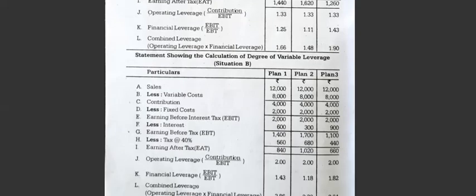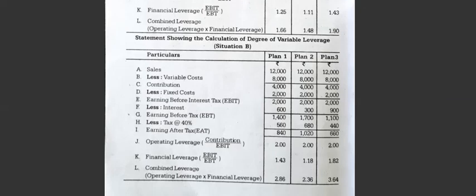Okay, situation B, rest everything will be same, even the interest is same. You can copy whatever you have written for the first statement, but only the fixed cost will change. Say sales is same, 8,000, variable cost is same for all the plans, contribution is same, fixed cost will change now. It is 2,000 for all plans.